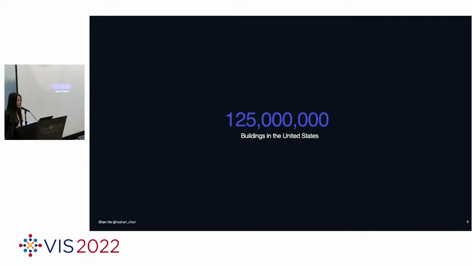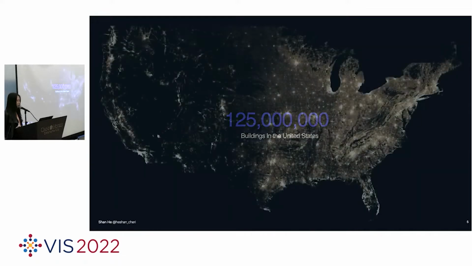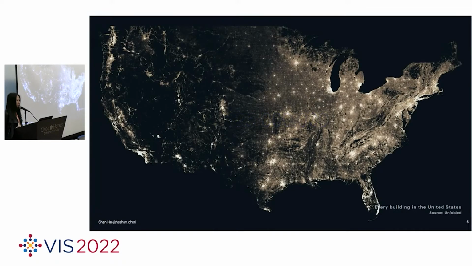I can give you a number with many zeros, like there are 125 million buildings in the United States. The number itself doesn't really ring a bell, but I can show you this map instead. This is a map created with all the 125 million buildings aggregated into 1 kilometer cells and highlighted using additive blending.